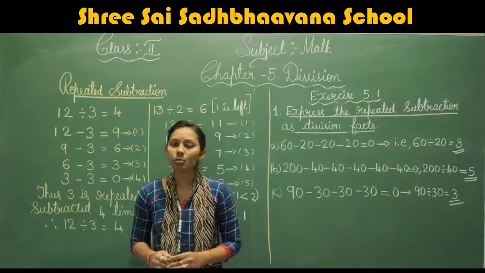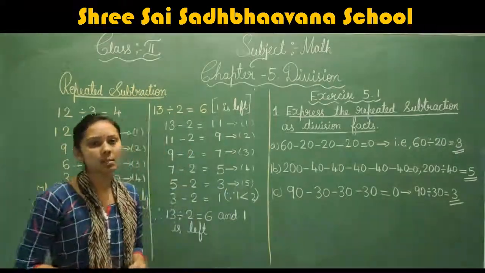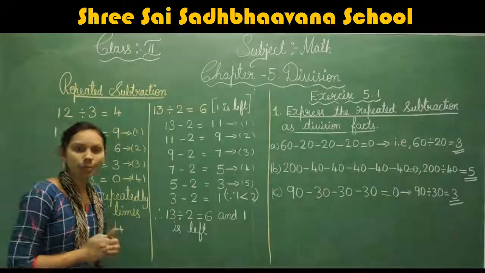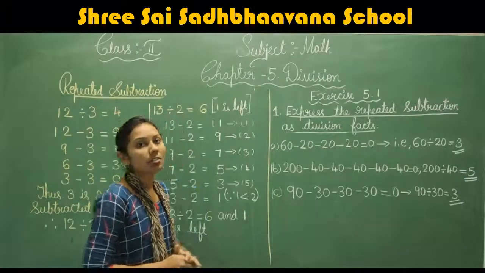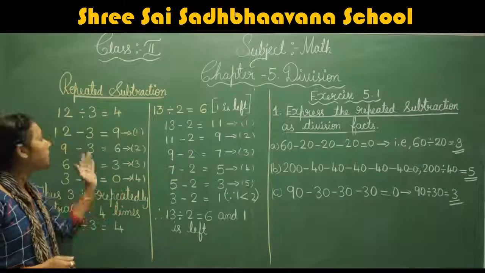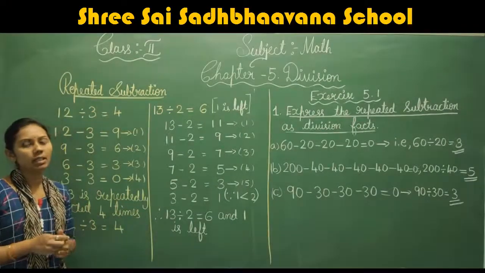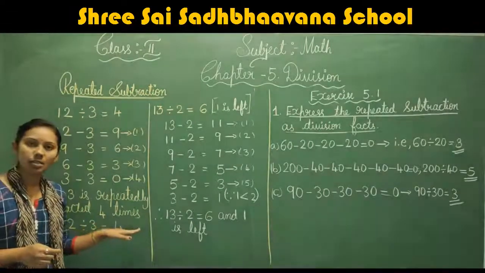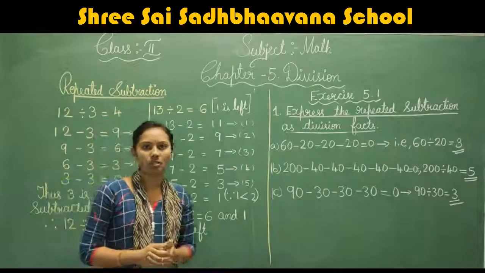Children, now let us move to repeated subtraction. What do you mean by repeated subtraction? Repeated subtraction is a process of division where the same number is subtracted repeatedly till we get the answer either 0 or less than the number being subtracted.